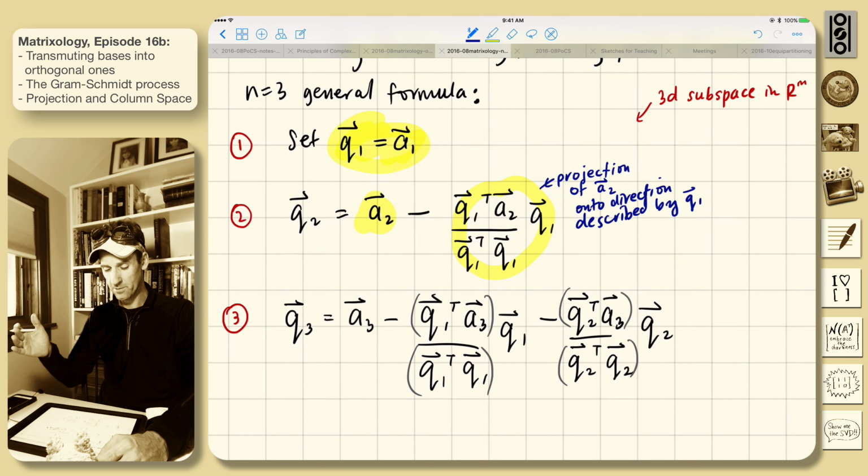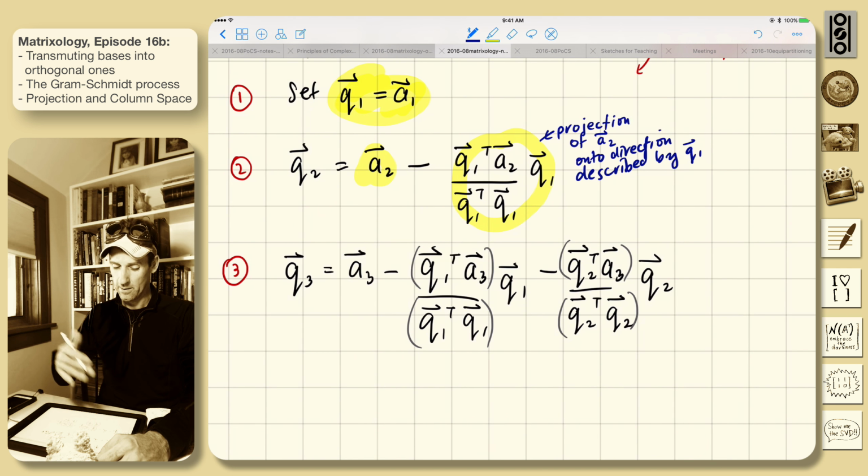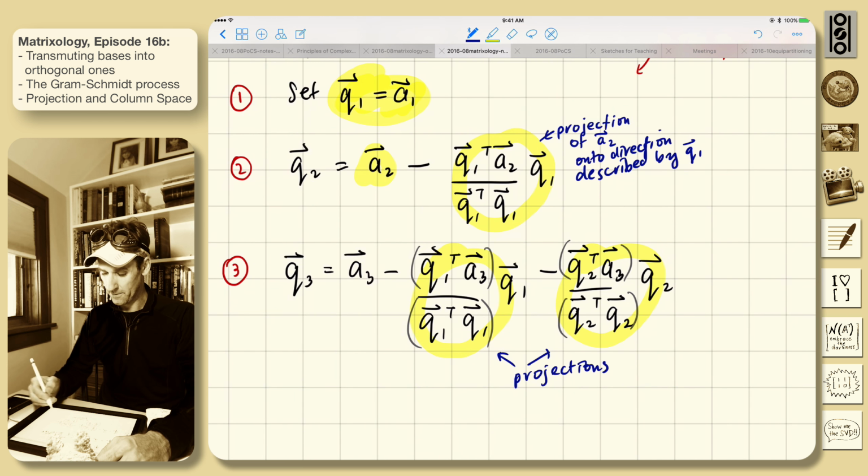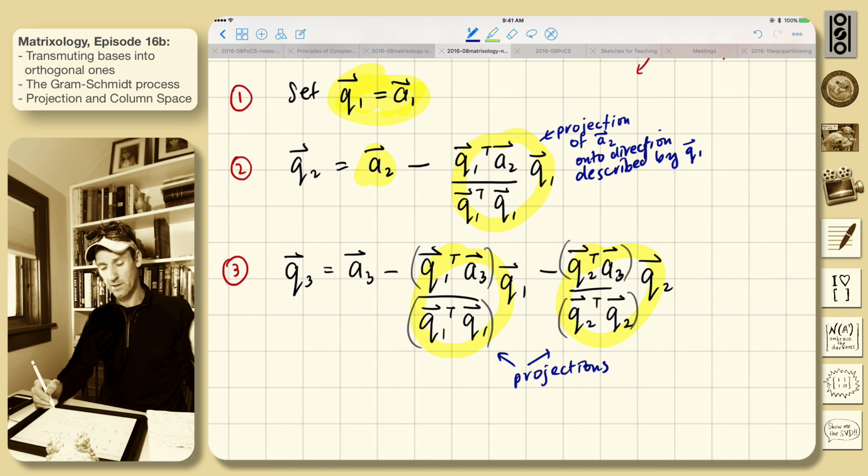All right, so we'll have a picture in a second and we'll see how it all works. And then Q3, same idea, so another projection. So these are similar projections. And the first one is onto the Q1 direction and the second one is onto the Q2 direction. Right, so we're building them up.